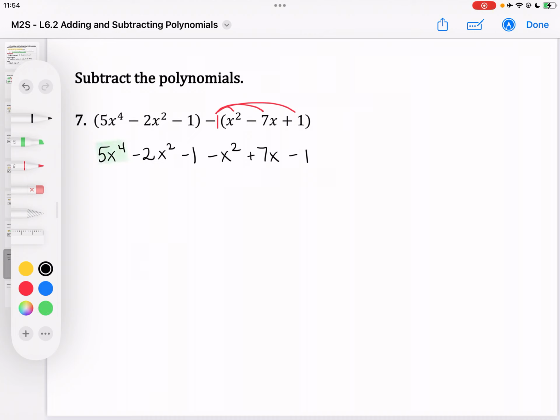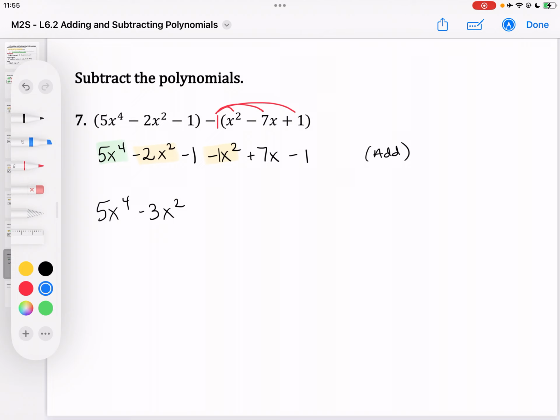So this one has a 5x to the 4. That's the only term with an exponent of 4. So I've got 5x to the 4. The next biggest exponent are the squared exponents. Remember, this is a negative 1x squared. So I'm adding, and just to recall, we're just adding these. So negative 2 plus negative 1 is negative 3x squared.